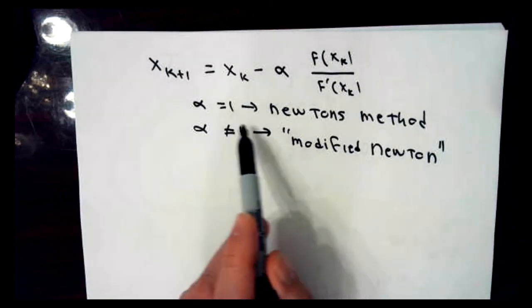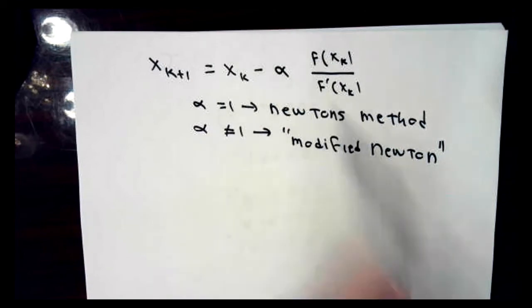If alpha were picked to be 1, this is just Newton's method. If alpha is not 1, we're going to call such a method a modified Newton's method. And what I want to see is this: if I pick alpha correctly, can I make g'(r) equal to 0 again? Because that is what ultimately led to the quadratic convergence of Newton's method.